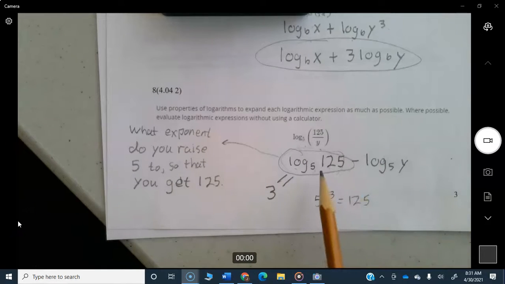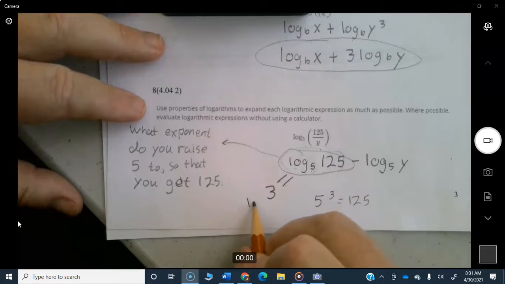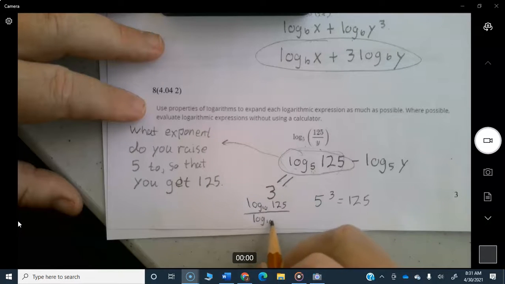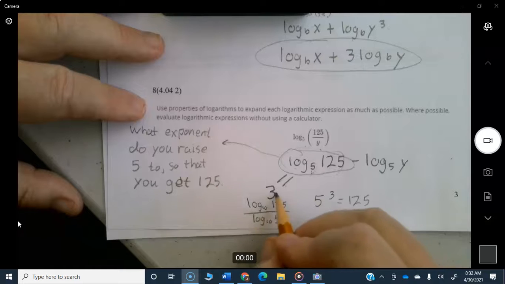If that wasn't obvious to you, that log base 5 of 125 is 3, then you can use the change of base, and you could write it as log base 10 of 125 over log base 10 of 5. You do each of these on a calculator and divide this one by that one, and you'll get 3.